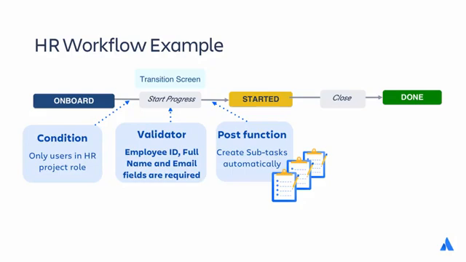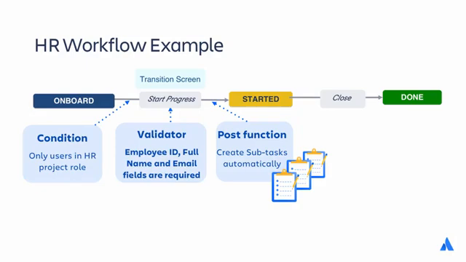And here is a portion of a human resources workflow. The HR team uses Jira to track onboarding user access requests. There is a transition called start progress from onboard to started. There's a condition on this transition that only users in the HR project role can see and click it. Once it's clicked, there's a transition screen presented to the user and a validator ensures that the employee ID, full name, and email contain a value.